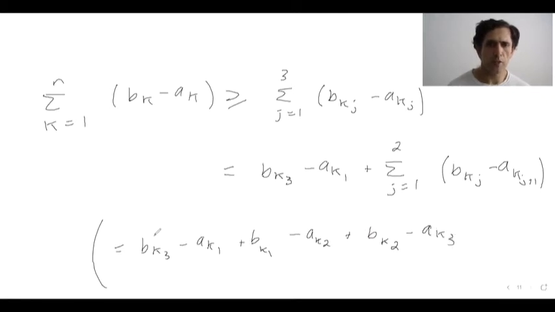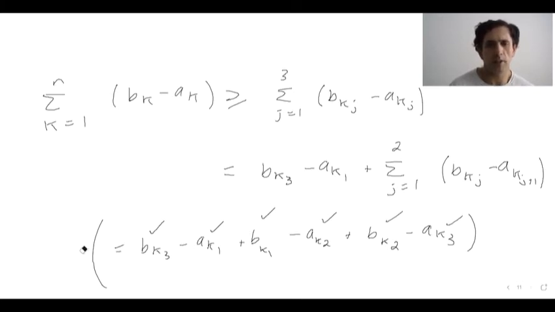Okay. So for the bk's, we got bk3, bk1, bk2. For the a's, we got minus ak1, minus ak2, minus ak3. So yes, this is correct. It's just a funny way of writing it, but there's method to this madness here.